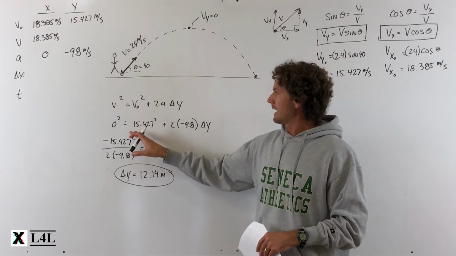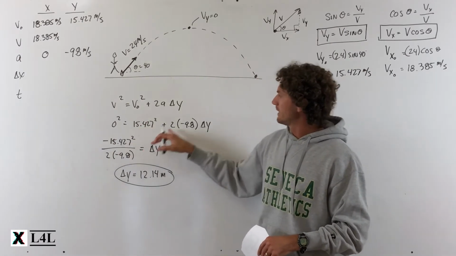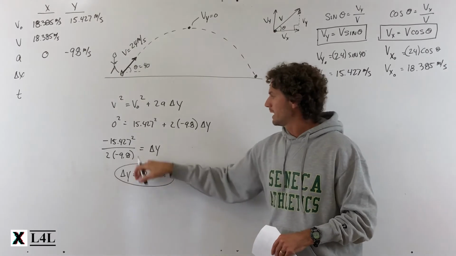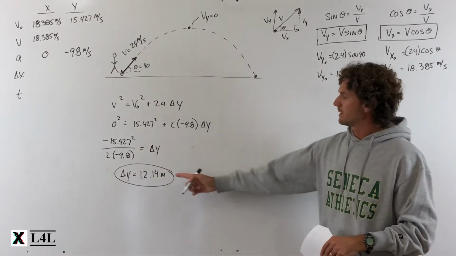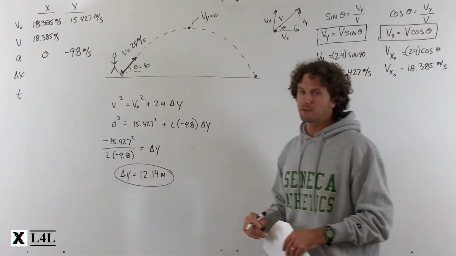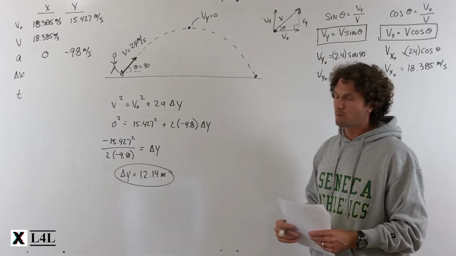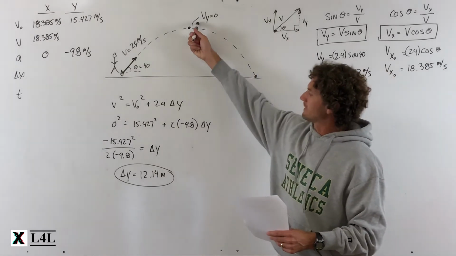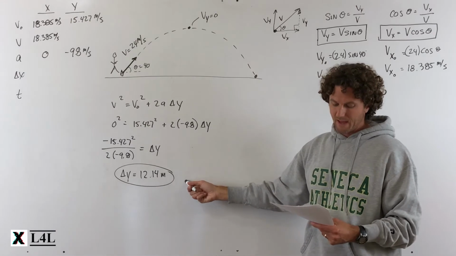Moving these over and dividing by the 2 and the negative 9.8 will give me a vertical displacement of 12.14 meters. So that's how high it will travel when it is at the top. So that's the first part, A.